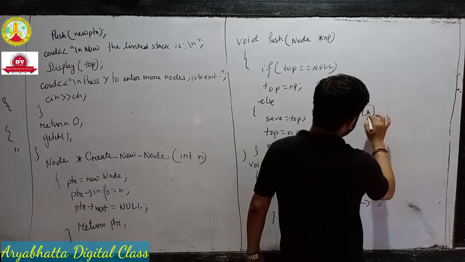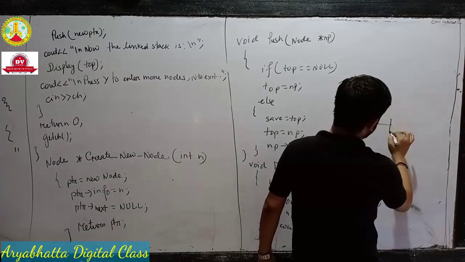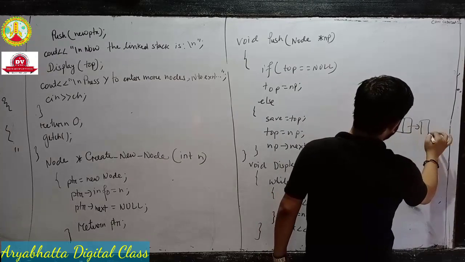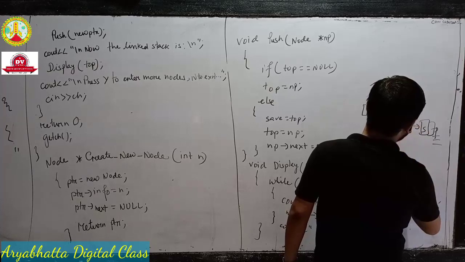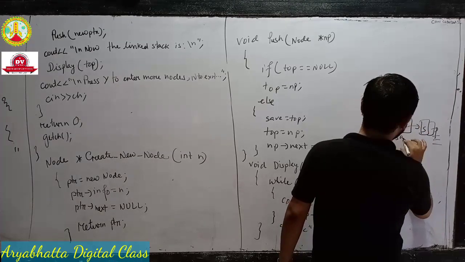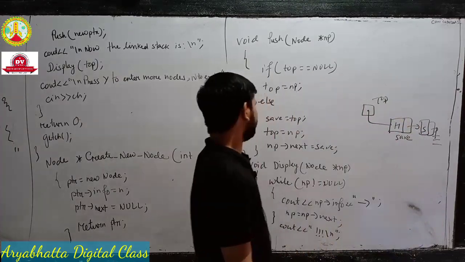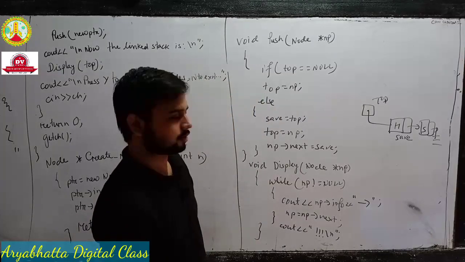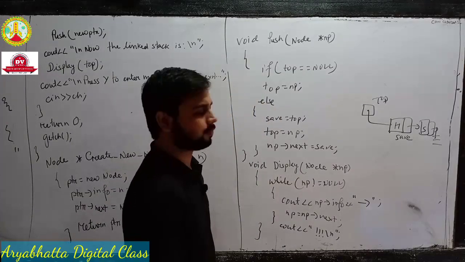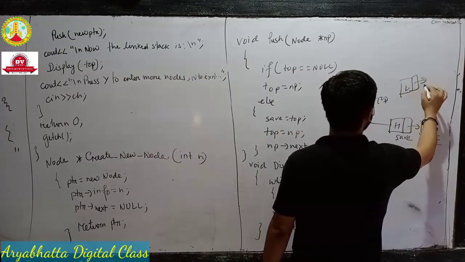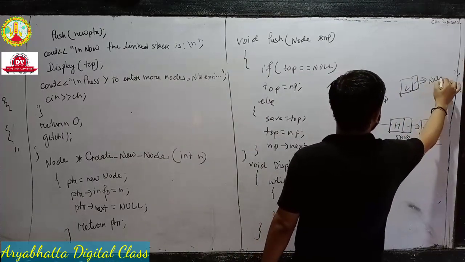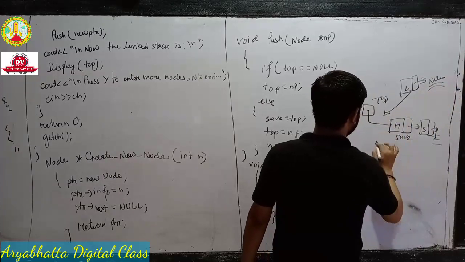Suppose this is the existing list, okay? This is the top. This is the existing list, okay? This is R10, H. This we will call save. Initially, top is equal to what? This top is equal to save, means save is equal to top. You can write it. After that, when you insert it, suppose this is a new node, so L. This is inserted in here.